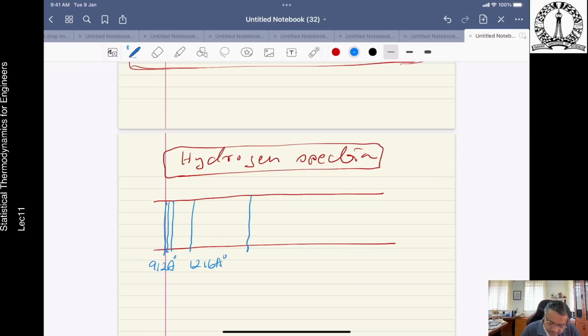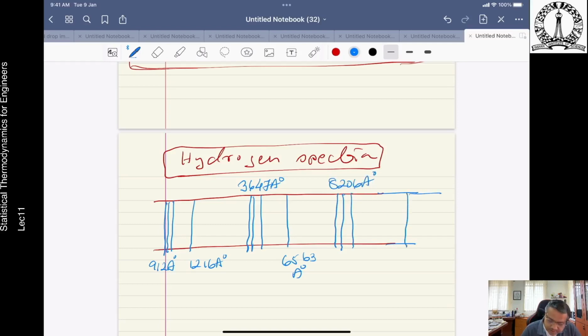And we can go a little further. This is 3647 angstrom. And this line is 6563 angstrom. Then you have three more lines, which is 8206 angstrom.